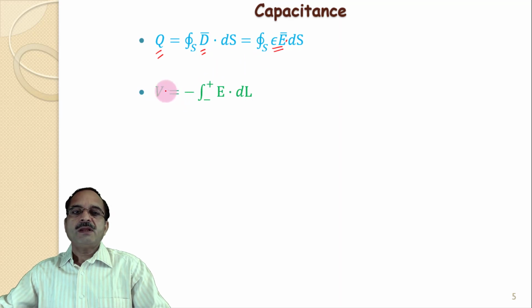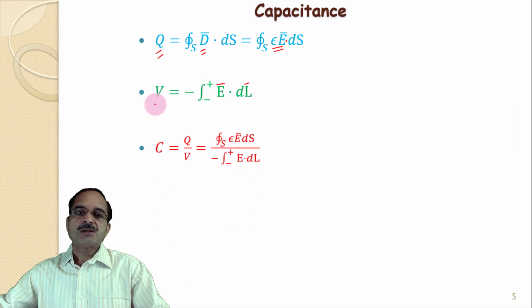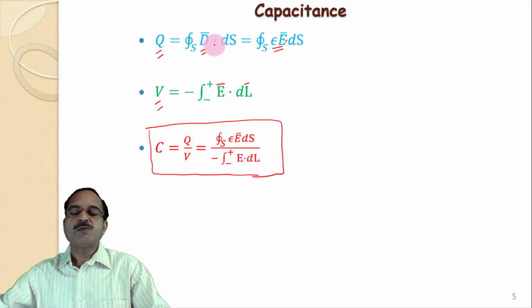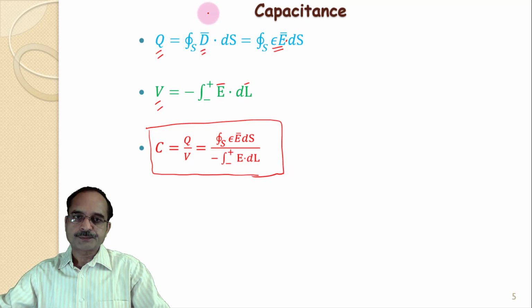And the potential between the two conductors can be determined using this equation, V equal to negative integral E dot dl, and the limits of this integral are from the negatively charged conductor to the positively charged conductor along the length. So from these two equations, we can find out the ratio of Q upon V, and then we can find out the capacitance for any given system.